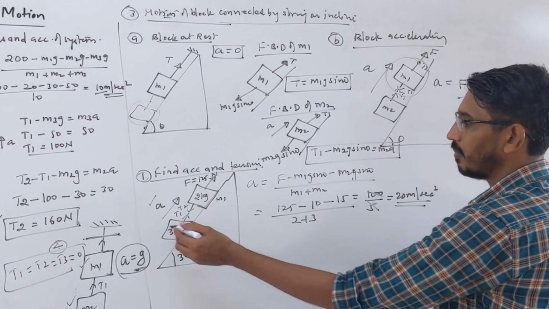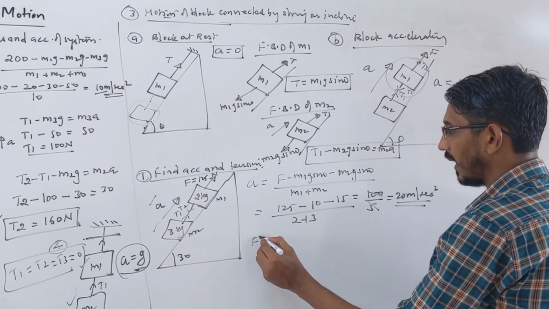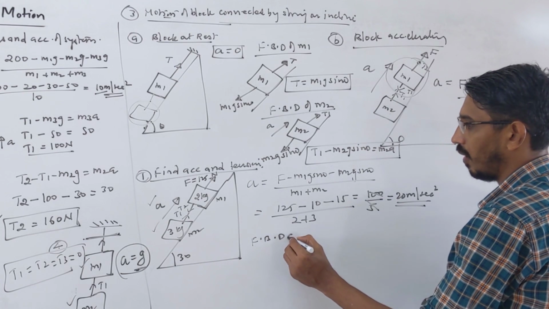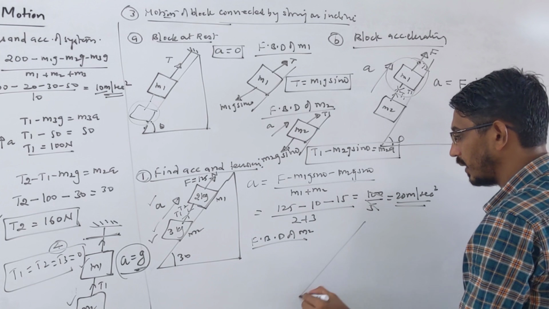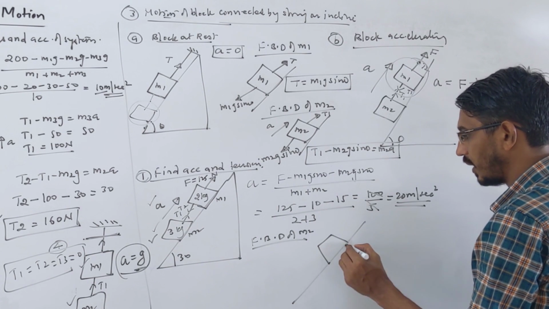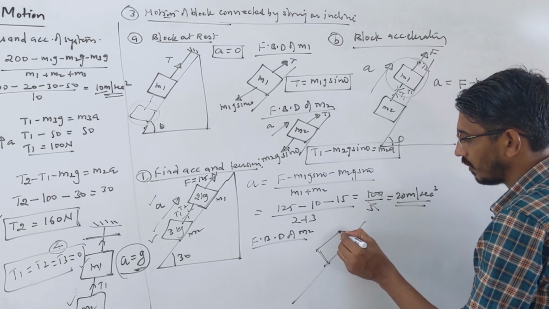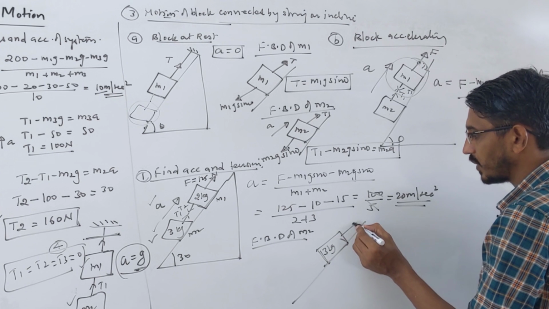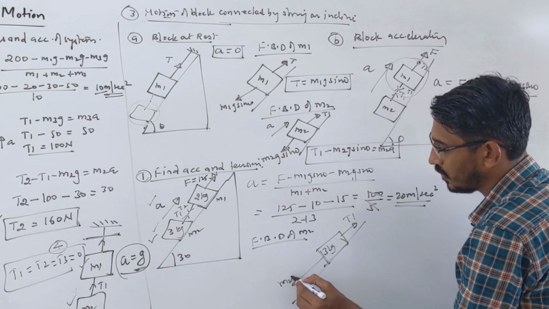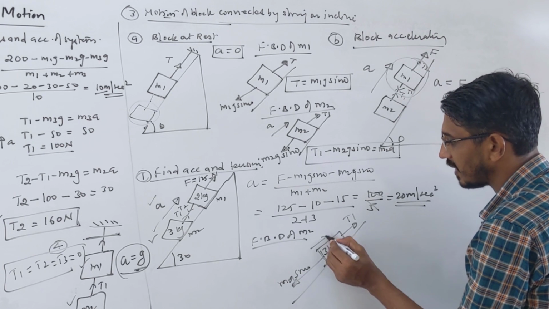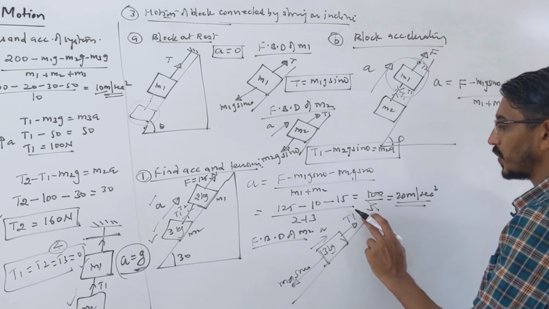Now you have to write the FBD of this block to find T1. So you write the FBD of the M2 block, the 3 kg block. This is your inclined surface and this is your 3 kg body. The force acting upward is tension T1. Downward is your M2G sin theta component, and it is accelerating upward, so this force is bigger.